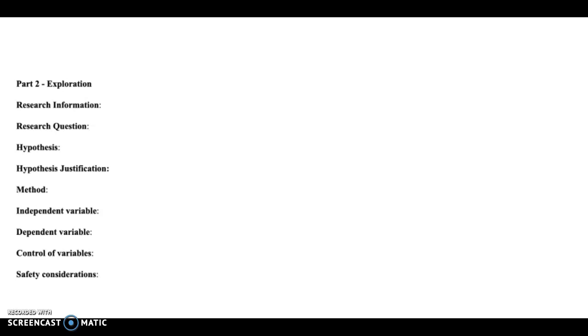You got that? So you have to say what you're measuring, how you're measuring it, and to what degree of uncertainty. Your control of variables must be very well thought through because you need to mention every single other factor that could possibly affect your results, right?